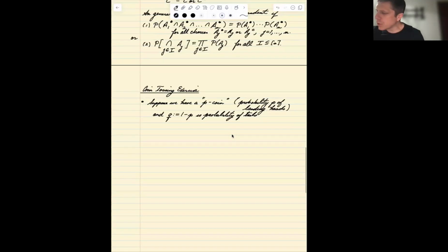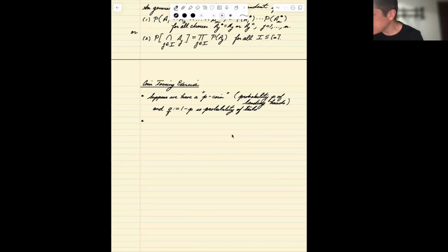We're going to flip the coin n times, and we're going to do that independently. We're going to count the number of heads in those n tosses.